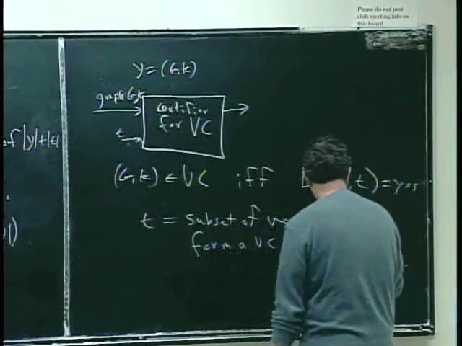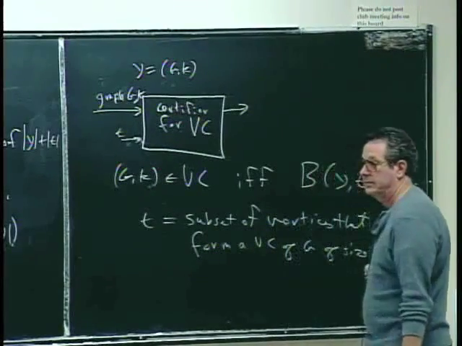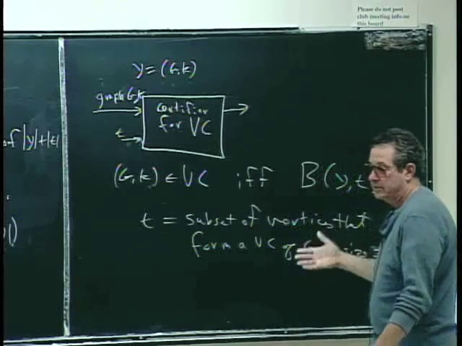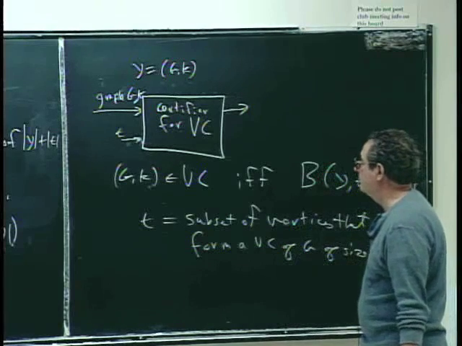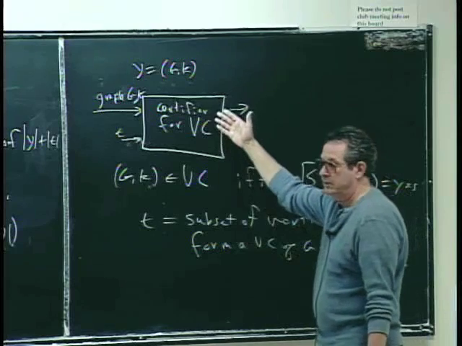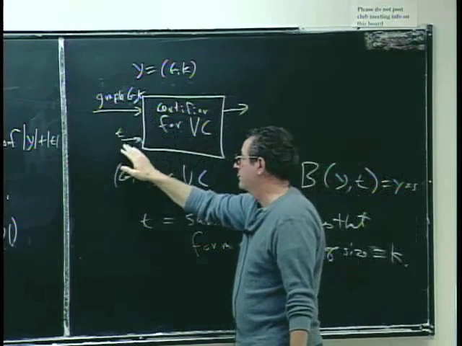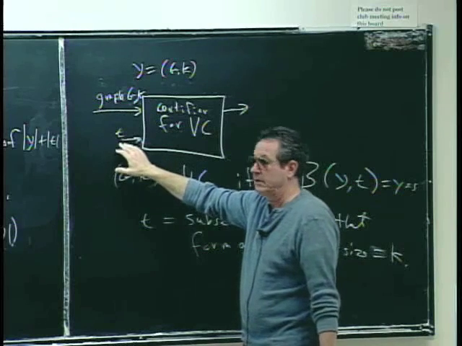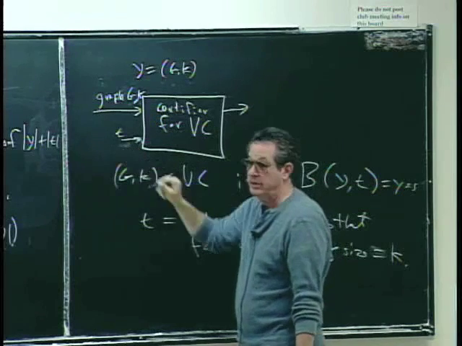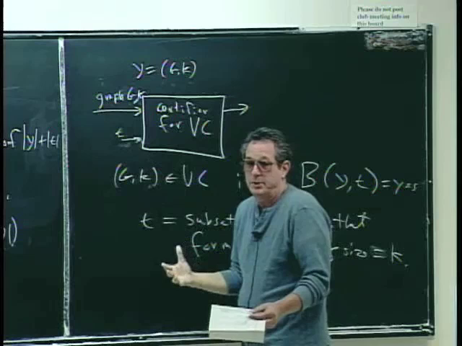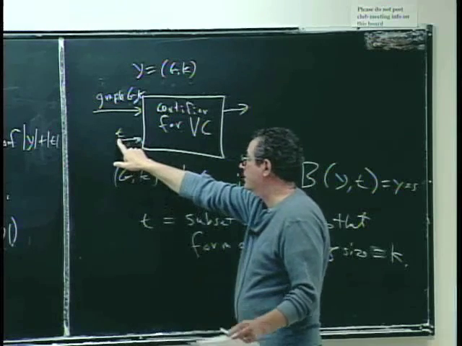Is its size equal to k? All right, and which again is a simple check. And so B certainly runs in polynomial time as a function of the input and the function of the size of the hint.